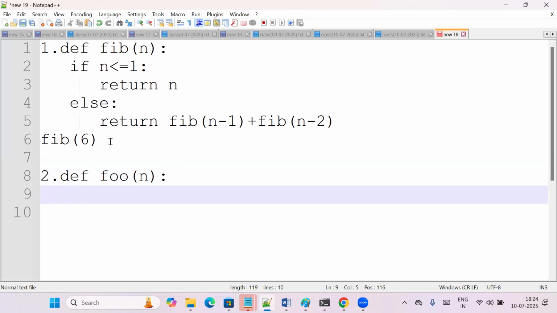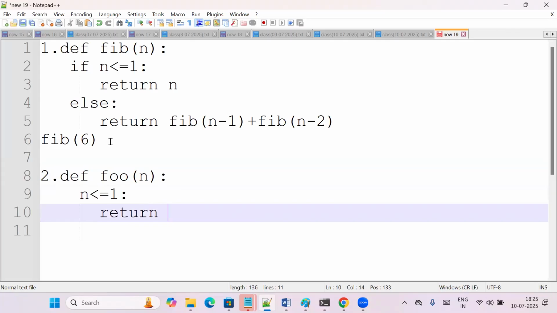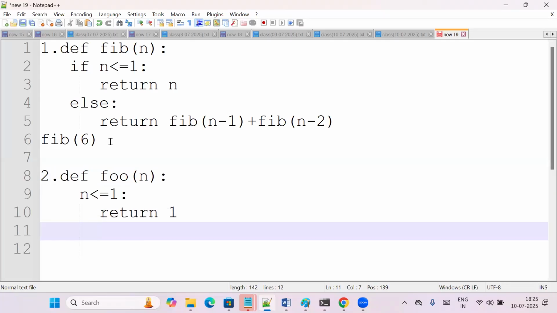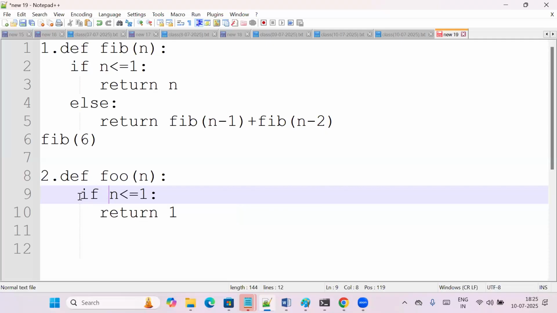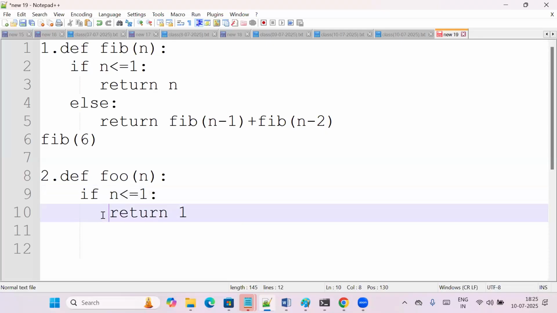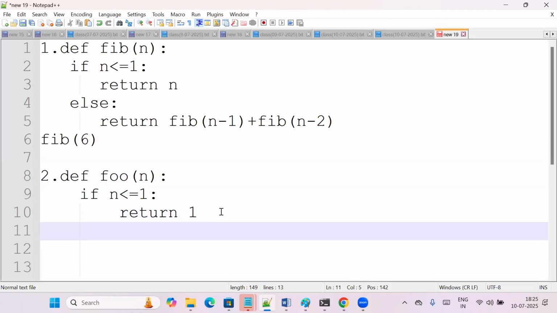Guys, did you remember this string? What is string data type?